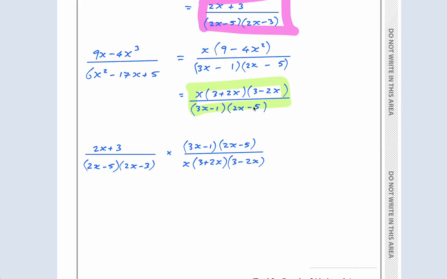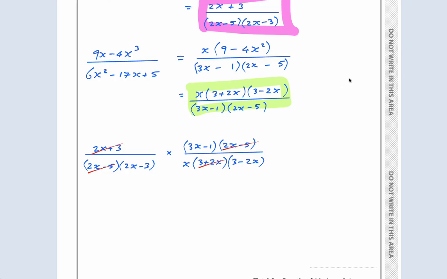Now, what's going to happen, which I expected, is a load of these things cancel. So I have my 2x plus 3 and I have my 2x plus 3 here. They cancel. I have my 2x minus 5 here and I have my 2x minus 5 here. And then I have 2x minus 3 and 3x minus 1. Nothing I can do with that.